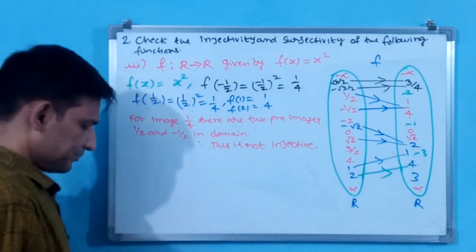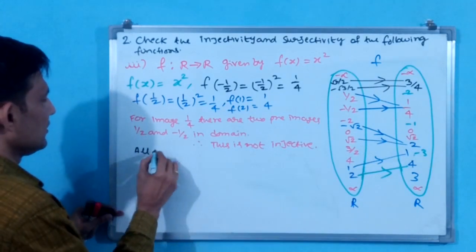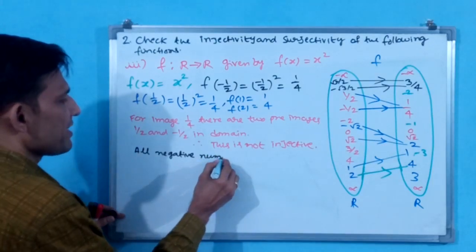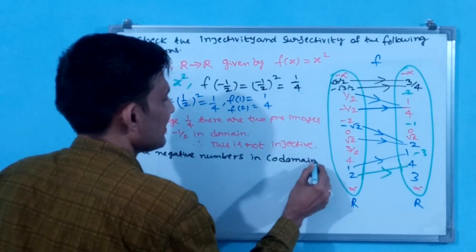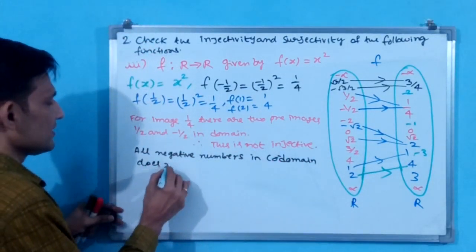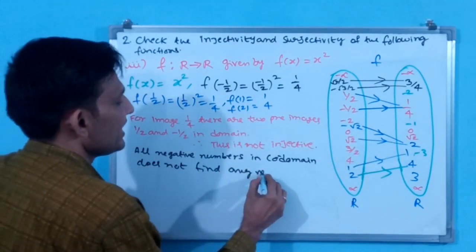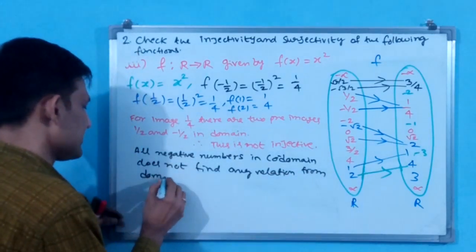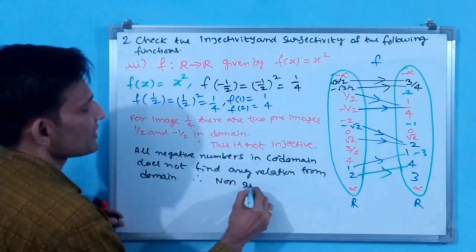We write like this. All negative numbers in codomain do not find any relation from domain, therefore non-surjective.